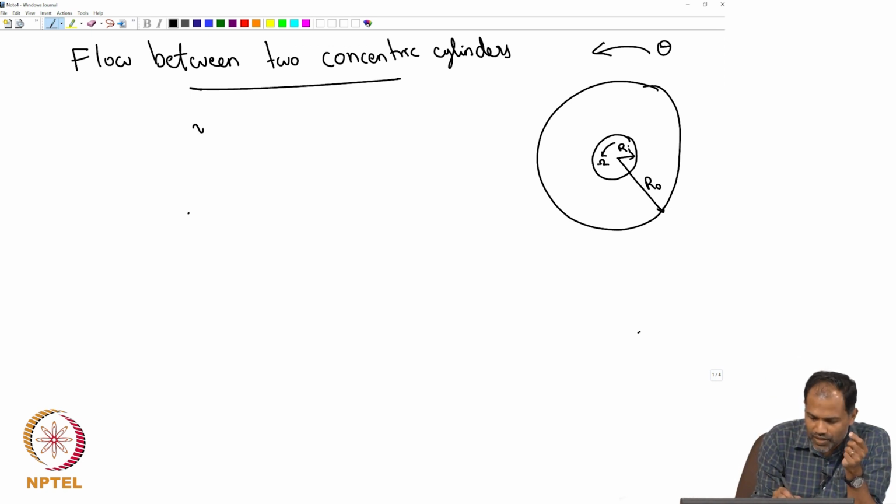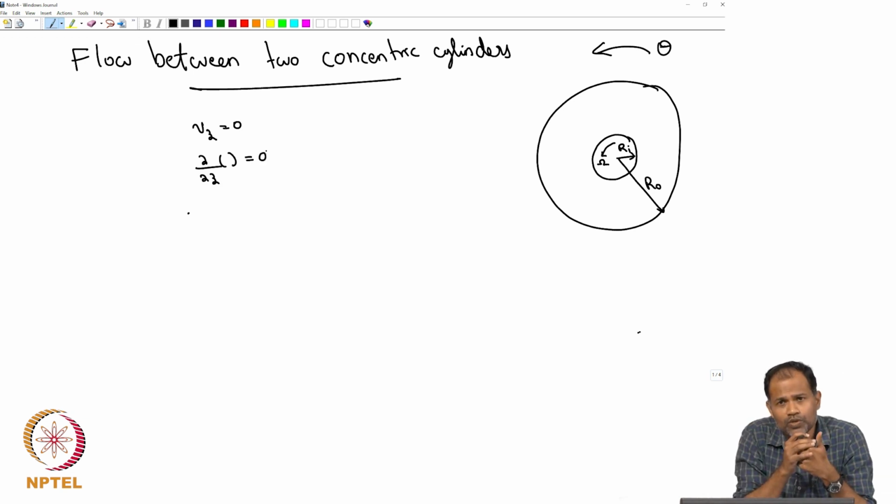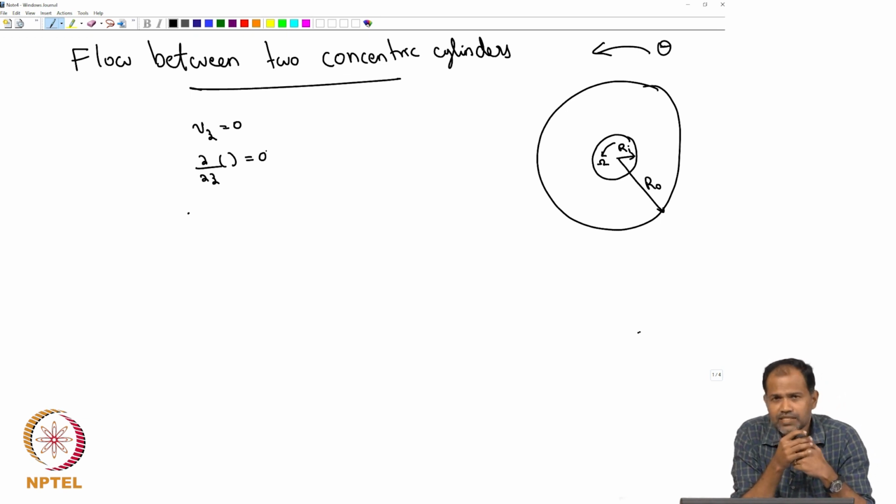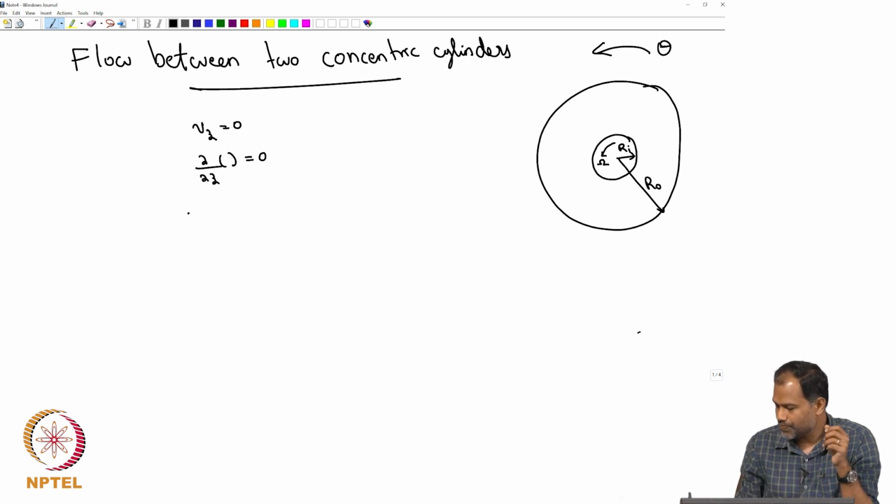We will assume that Vz is equal to 0 and del by del z are also equal to 0, because the cylinder is infinitely long, perpendicular to the surface. There is nothing that is going to change in that direction. If that is the case, then let us see how the equations simplify.